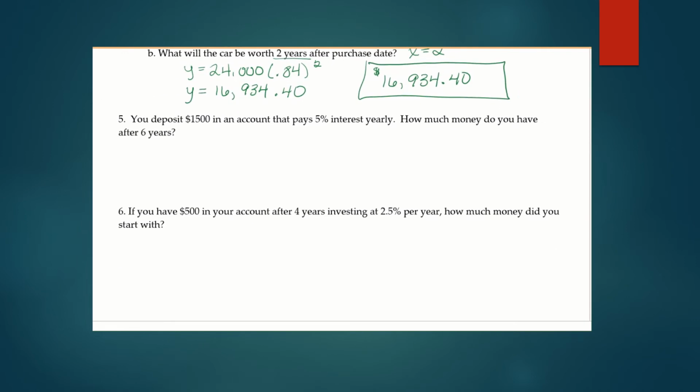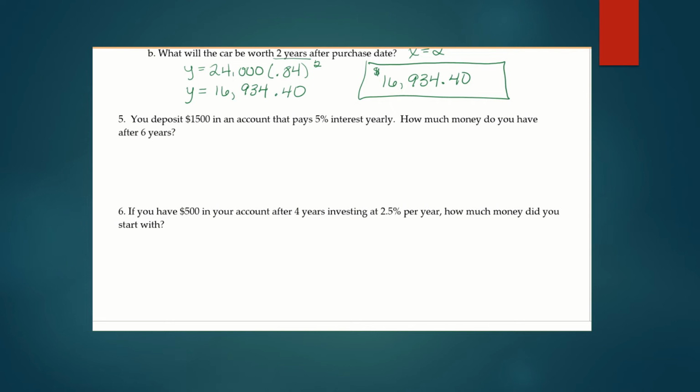All right. Number 5, you deposit $1,500 in an account that pays 5% interest yearly. How much money do you have after 6 years? Okay, so notice how it does not say compounding at all. So we're not using the compound interest formula.